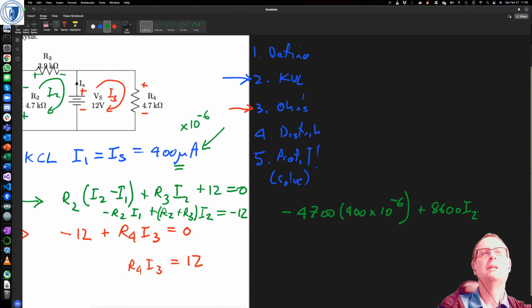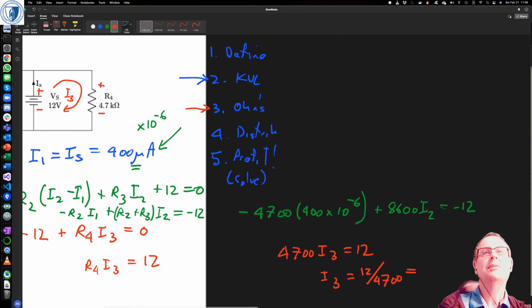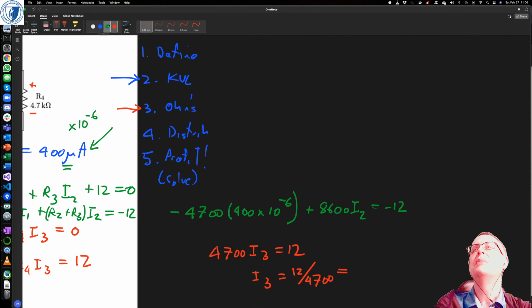I2 equals minus 12. And then our last equation, R4 is 4700, so we can actually just write that out as 4700 I3 equals 12, and we don't even need a matrix equation, because there's only one unknown.